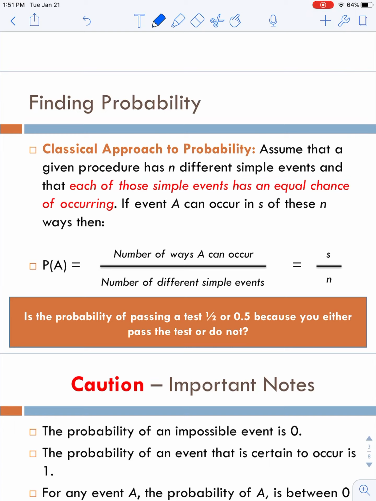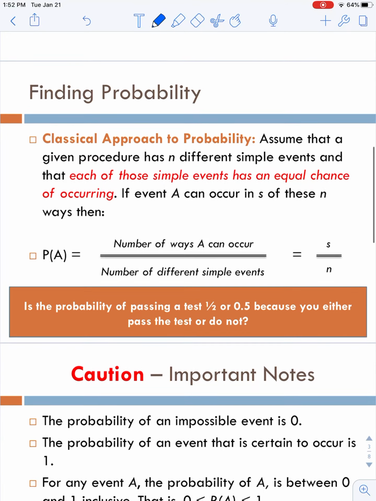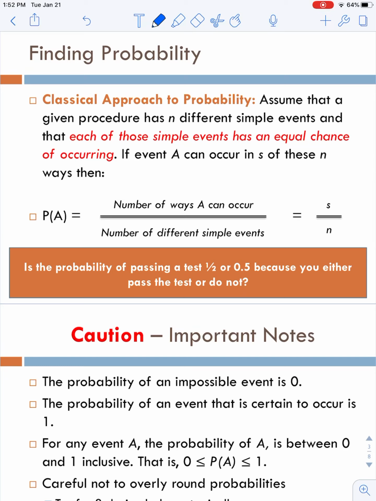There's one way to win if you call it heads or call it tails, matching that is the way to win out of two possible outcomes. So if you call heads, the probability of heads is 1 out of 2. One opportunity for heads out of two possible outcomes. So there's a basic formula for that, and it's just the number of ways things can occur over the number of total possible things that could occur.